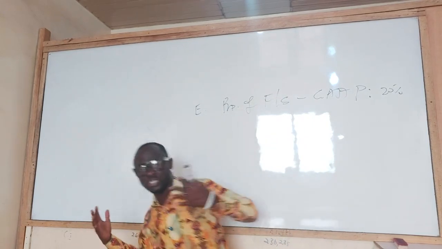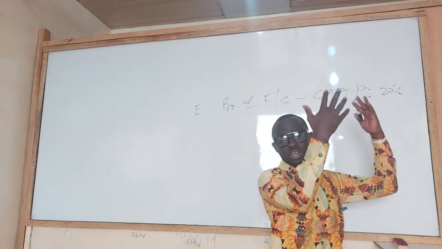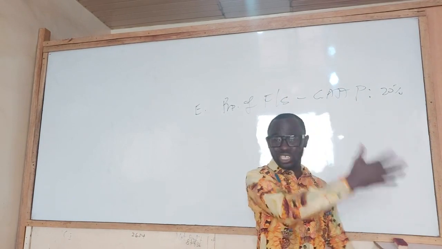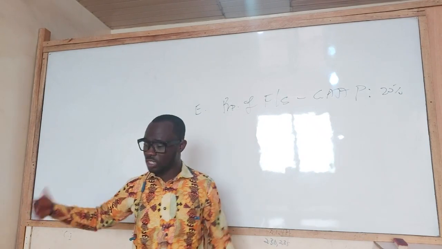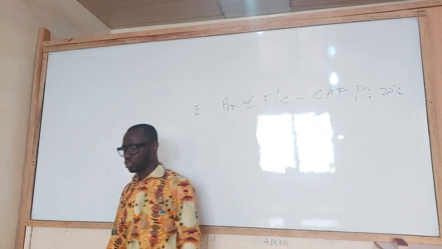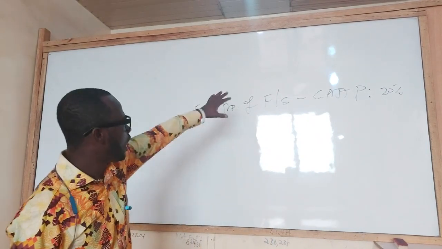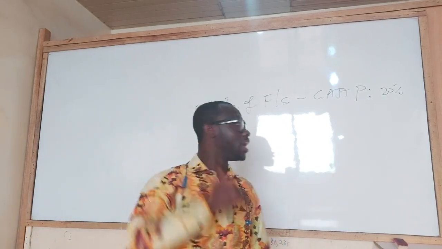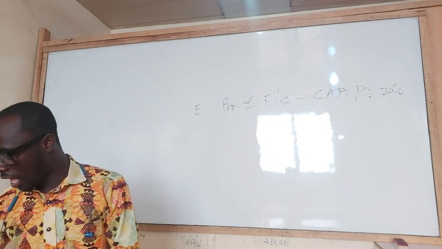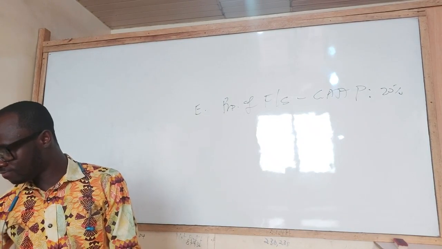So it is not always going to be the consolidated fund, which is the central government, but you could also be asked to prepare for an entity that is under the control of the government. So that is the E aspect, 20%, preparation of financial statements in line with generally accepted accounting practice.